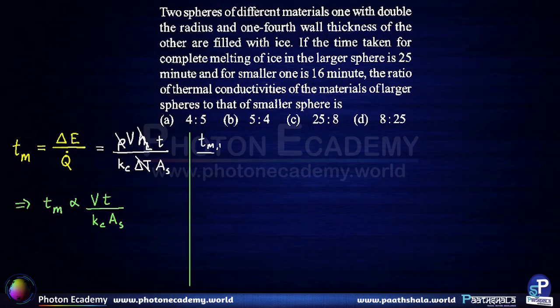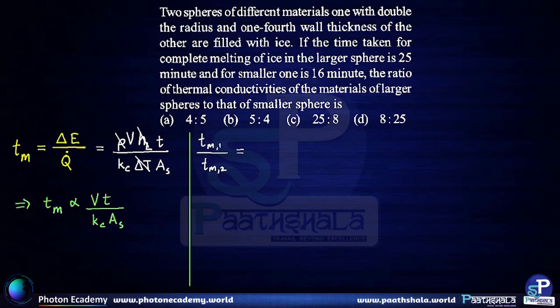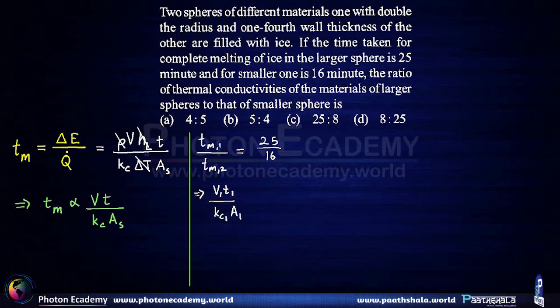Tm1 by Tm2 is equal to 25 by 16, where 1 represents the largest sphere. So this becomes V1 T1 by Kc1 A1 into Kc2 A2 by V2 T2 is equal to 25 by 16.